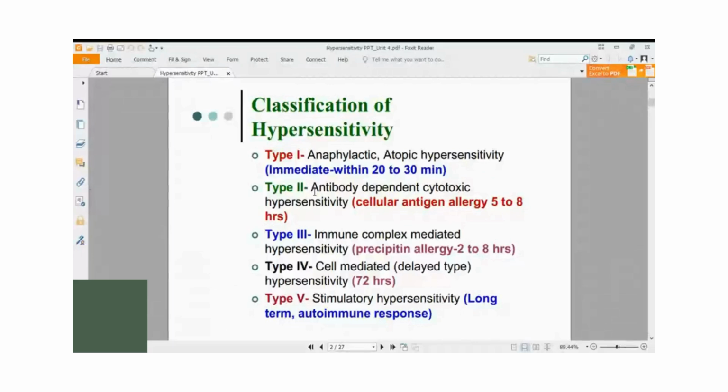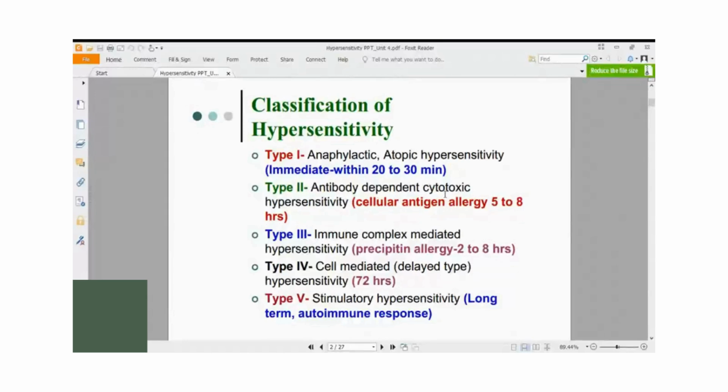And here, the antigens that are bound to the cell membrane will be responsible for triggering this reaction. The antibody is directed against the cellular antigens, that is, the antigens that are bound to the plasma membrane. Either it is IgG or IgM, and the reaction may take place within 5 to 8 hours of contact of the antigen with the antibody, and cell lysis will take place.